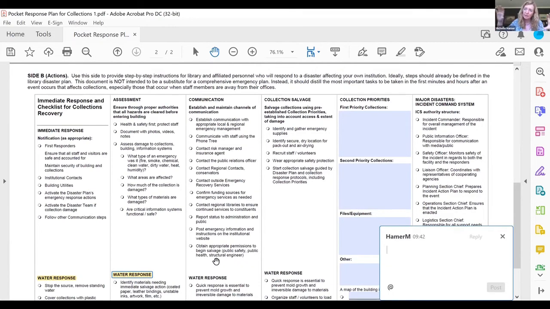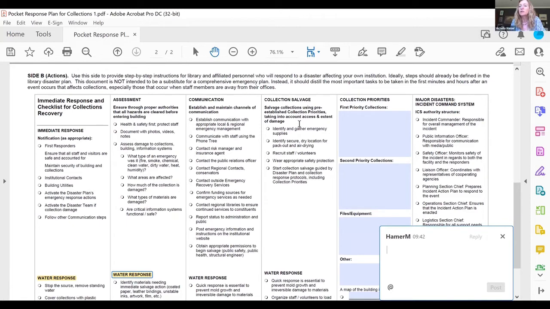So the top bit is the general kind of thing that you would do, and then the bottom is more specific for a particular kind of emergency or disaster. So yeah, then it tells you all your communication. So you have to contact all these people. And it's a very useful guideline for you to go through.